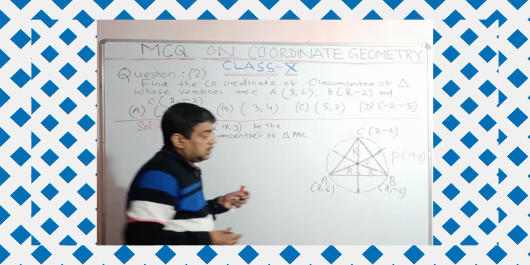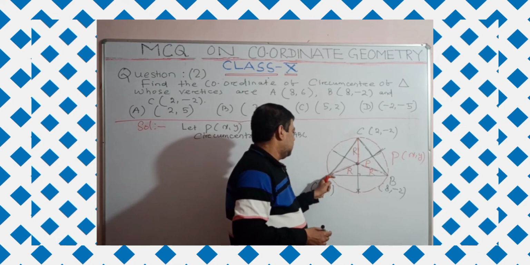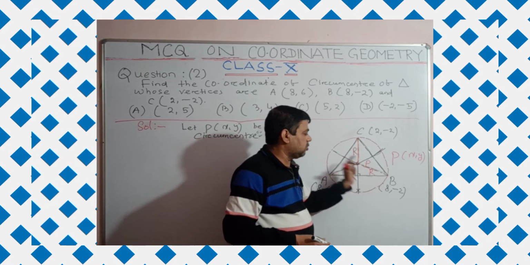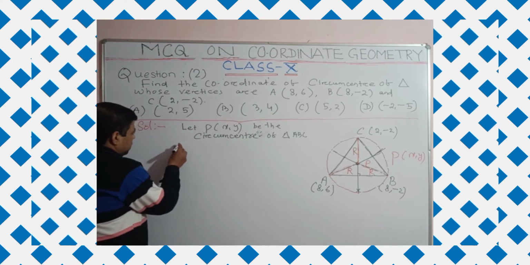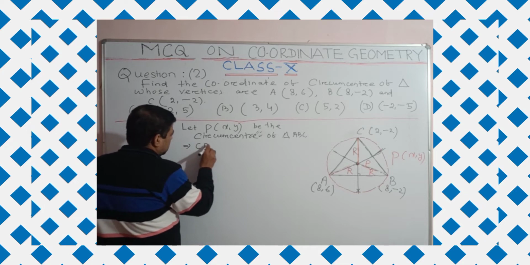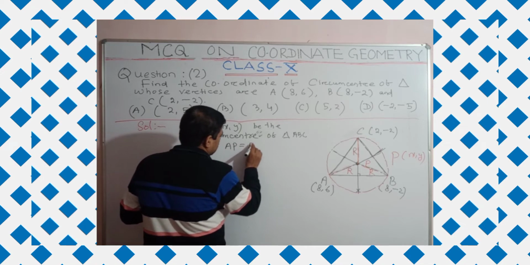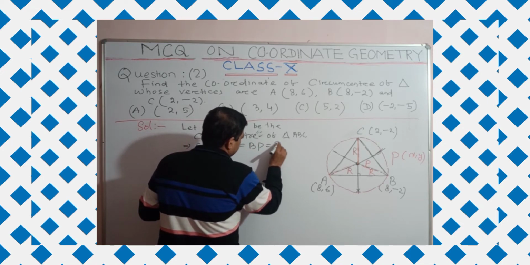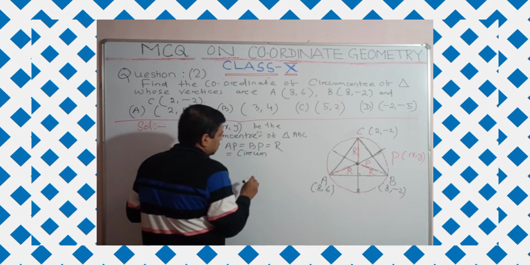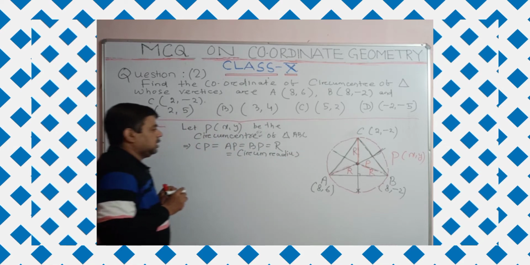Since P is the circumcenter of the triangle ABC, CP, AP and BP are the circumradius, so CP must be equal to AP must be equal to BP, which is equal to the radius capital R, known as the circumradius.